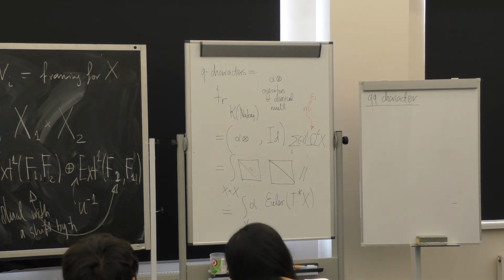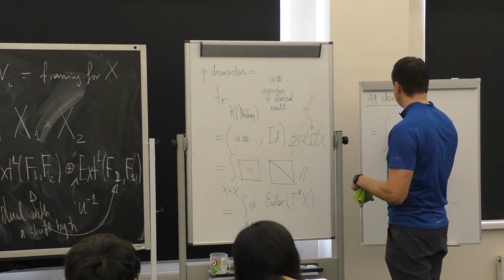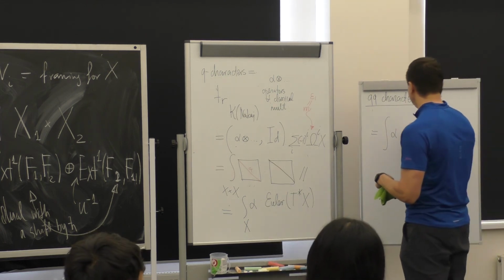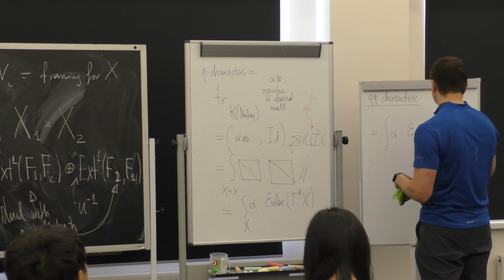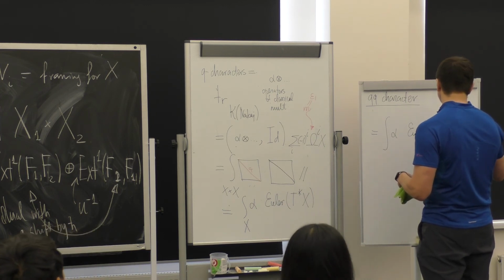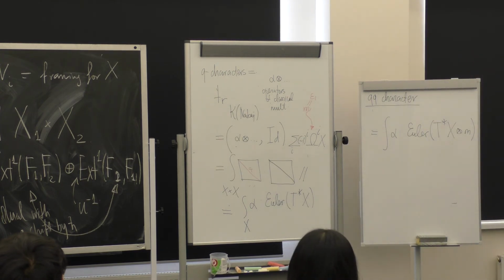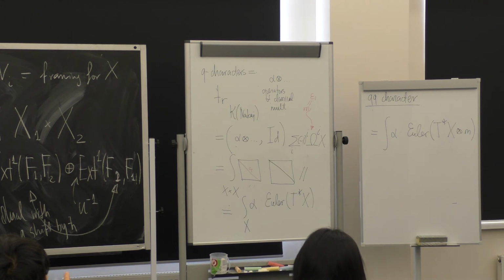Okay. So the QQ character is the integral of alpha. You put the Euler class of T star x tensor M. You can, in fact, write it in a million other ways.